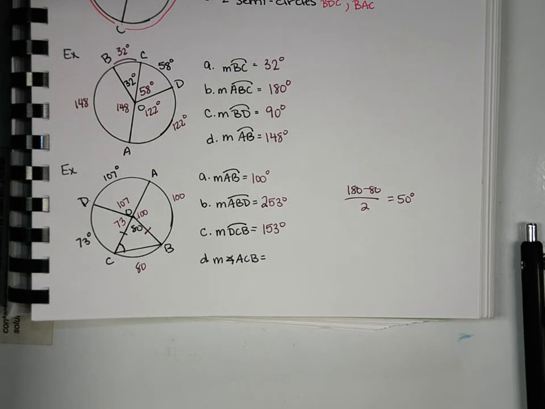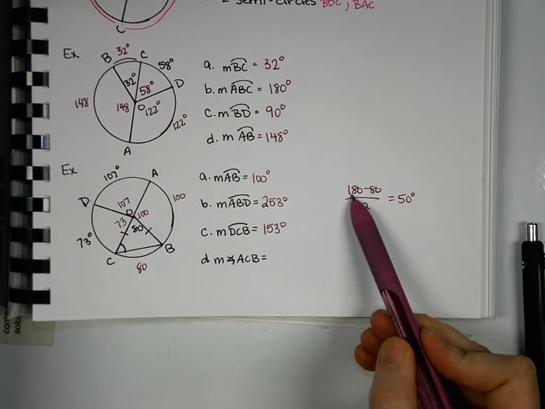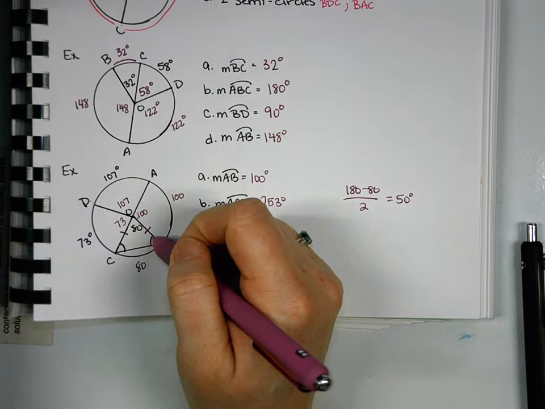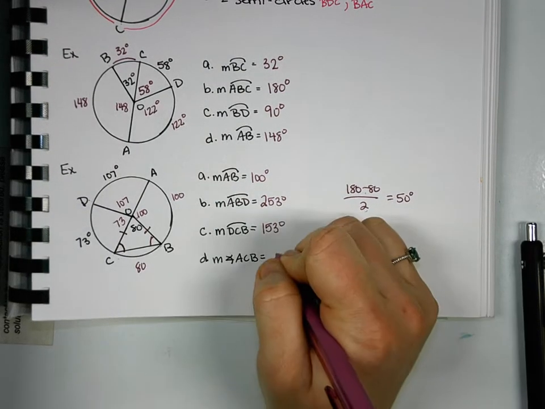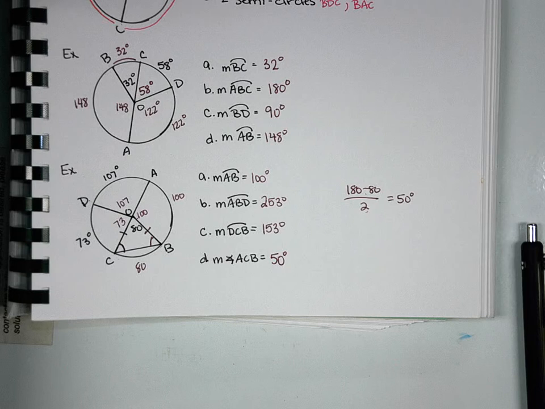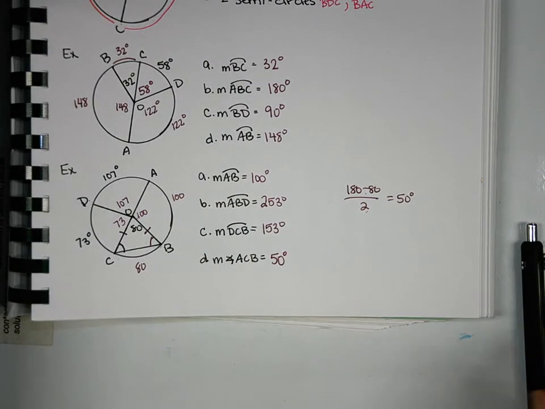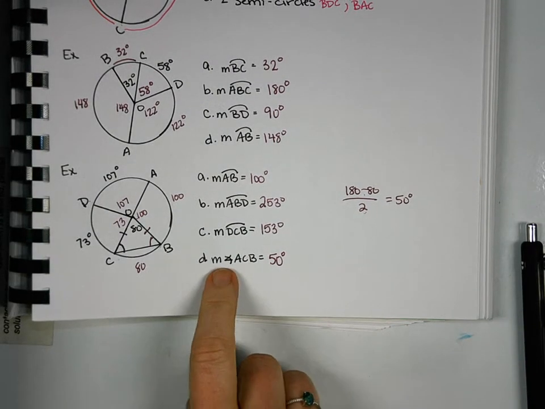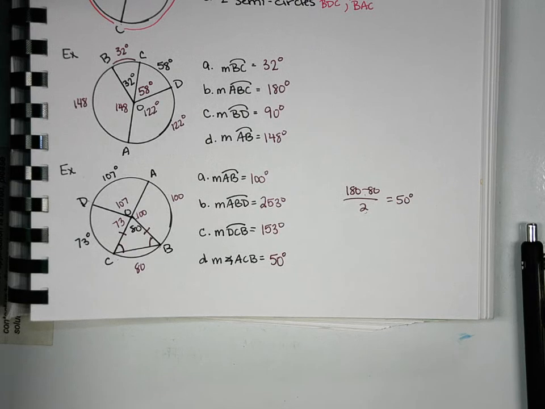So we can do what we did with isosceles, 180 minus the vertex angle divided by 2, to get each one is 50 degrees. So you'll also have some on your homework that switch it to an angle instead of an arc. So make sure you are looking at the symbols so that you get the differences.